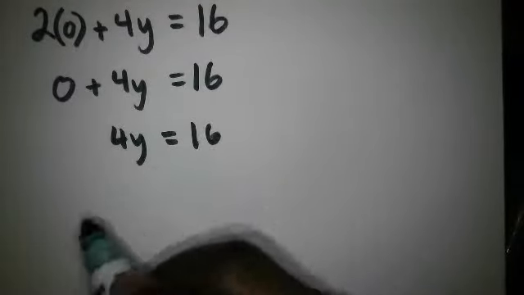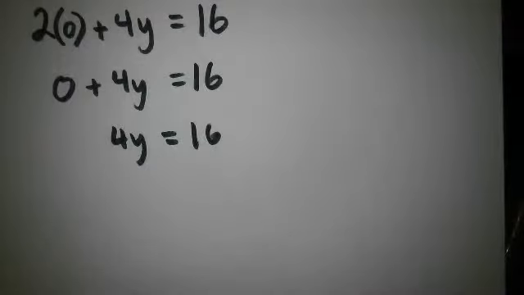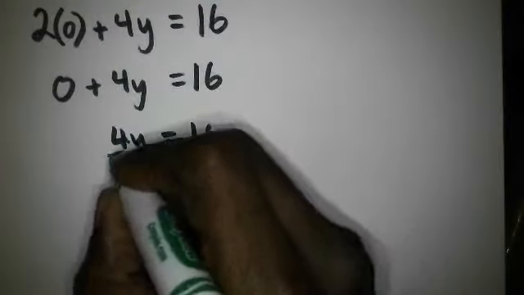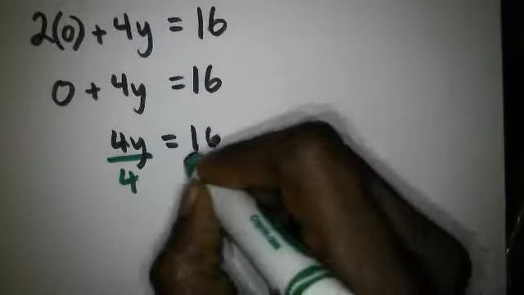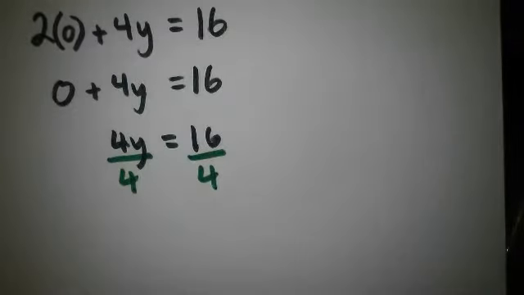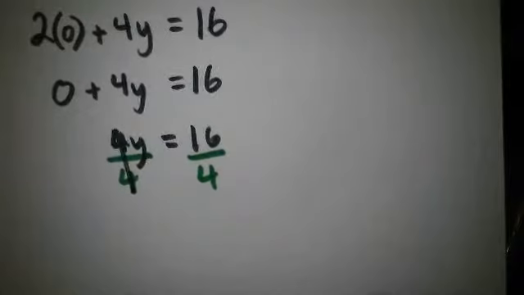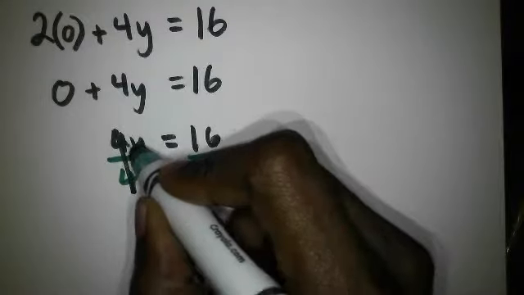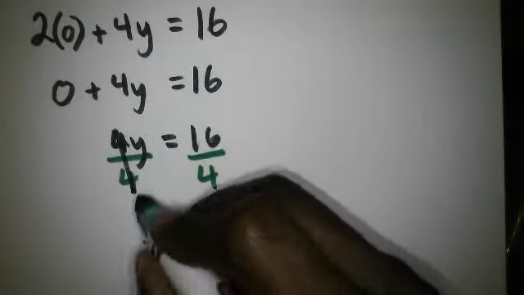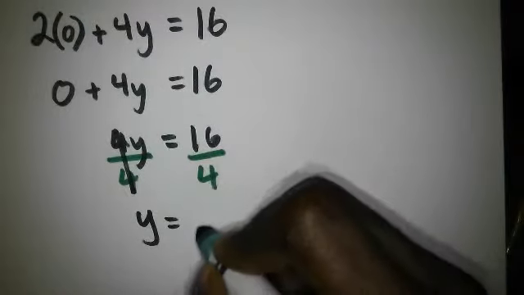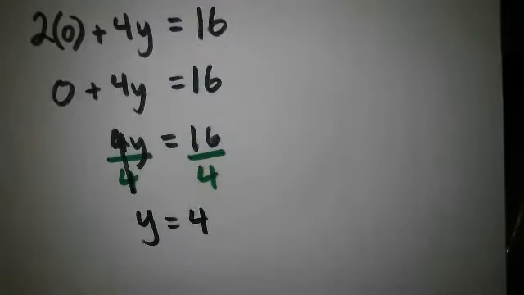4y is equal to 16. To get y by itself, we have to divide both sides by 4, because y is being multiplied by 4. So we do the opposite, which is division. This eliminates the 4 from the y, so we just have y, and 16 divided by 4 is 4.